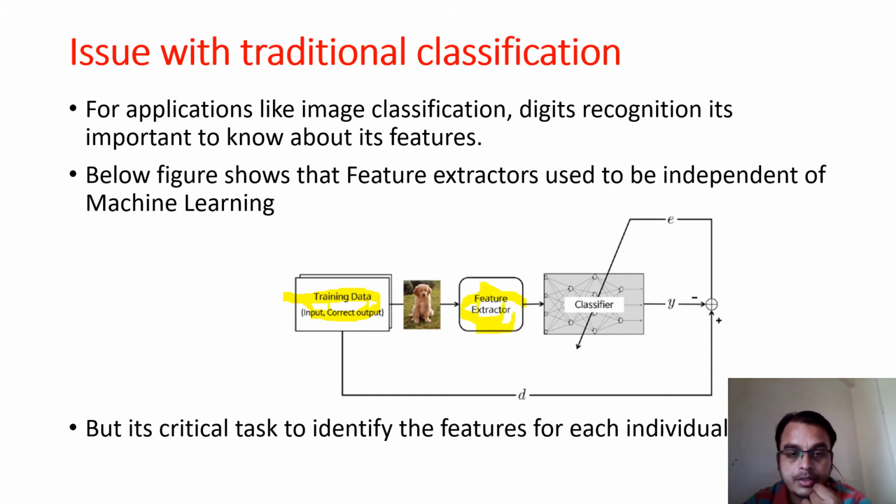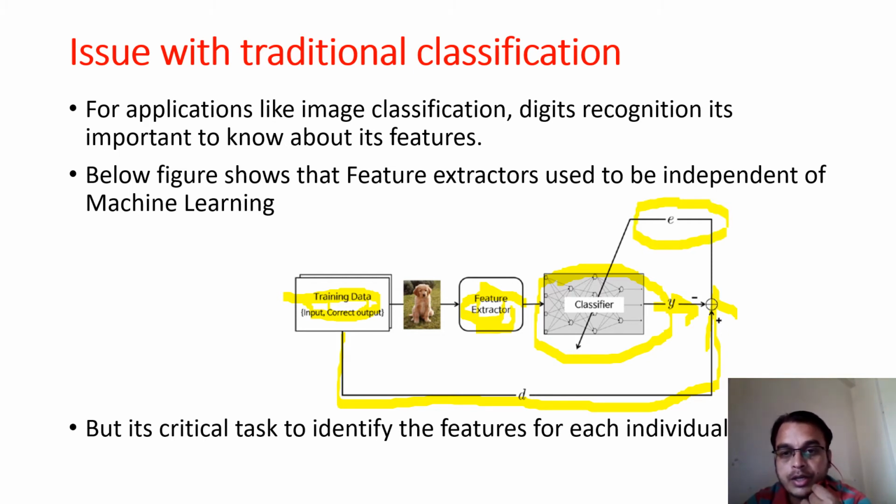Based on these features, generate the classifier, and based on this classifier, if I give a new input, it will subtract the classifier parameters or set of parameters from the new input parameter, and whatever error is generated is given to the system again to retrain the model. So this is the regular mechanism.